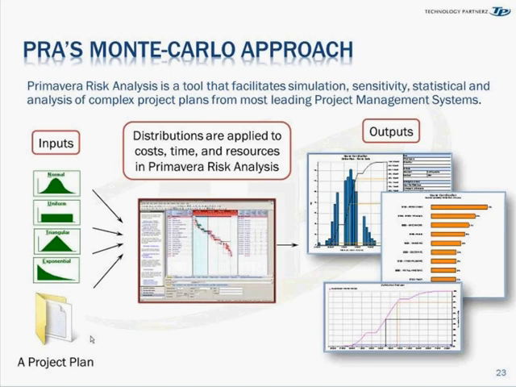And if you're working with data that comes from a lot of partners using different project management tools, this really helps. Then we throw all this stuff into a PRA, and then we apply these distributions, we run it, and then we look at costs and delivery dates, so this little histogram over here. We can look at what are the drivers, and then we can look at S-curves. So this is generally how it works.